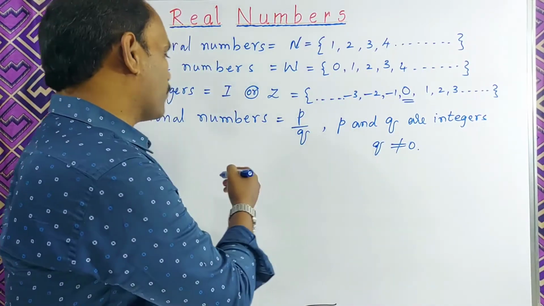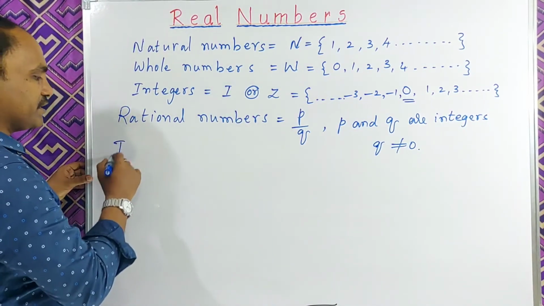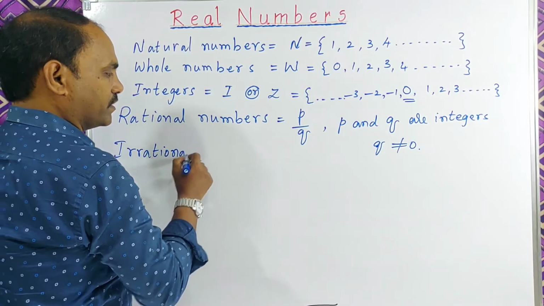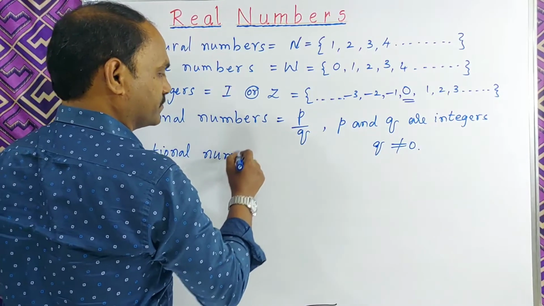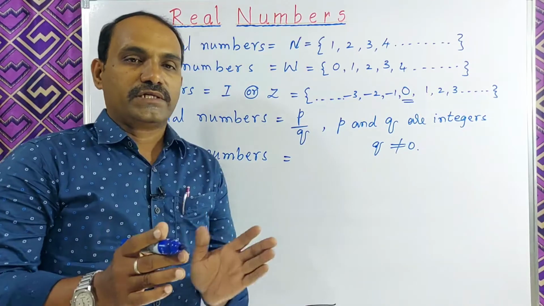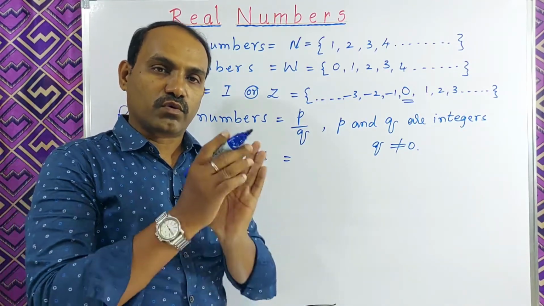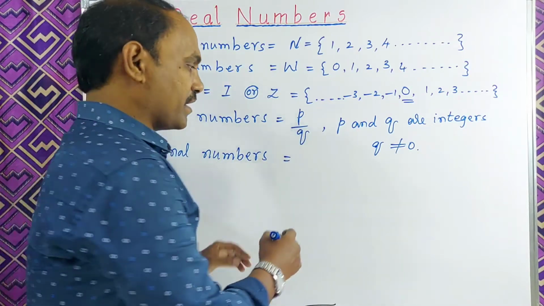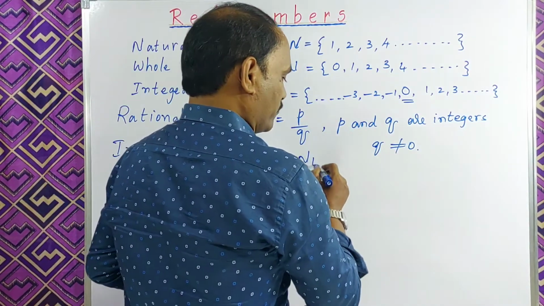Okay, now the next number set is irrational numbers. What are irrational numbers? Irrational numbers are those numbers which are not in p by q form.